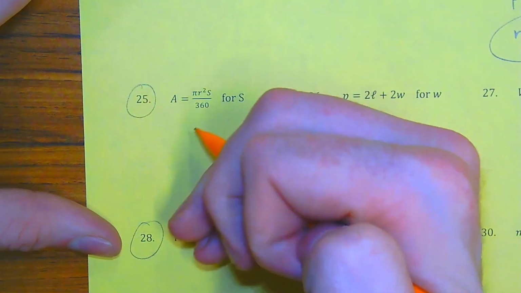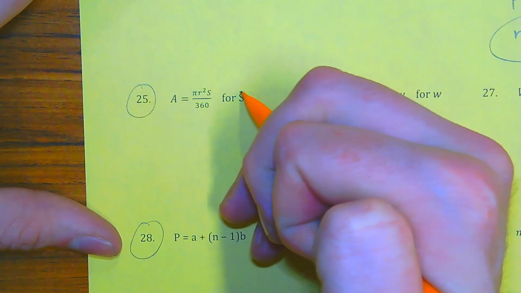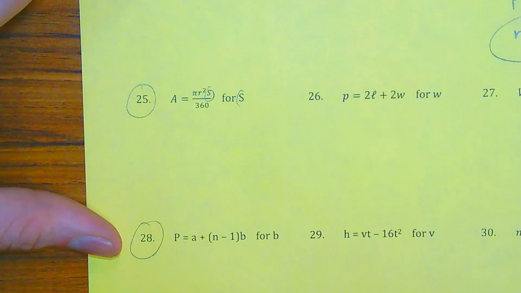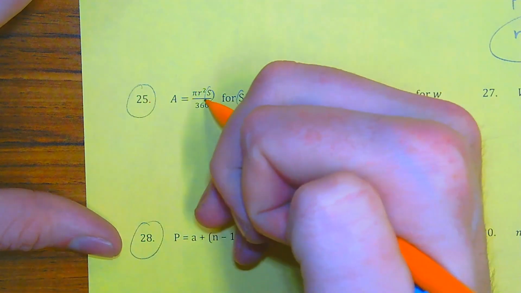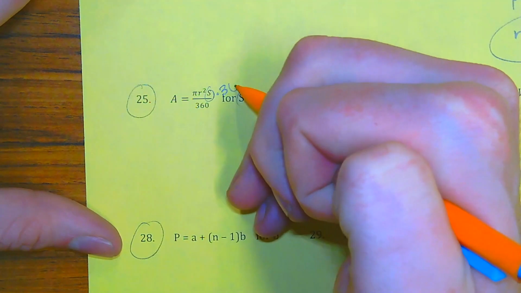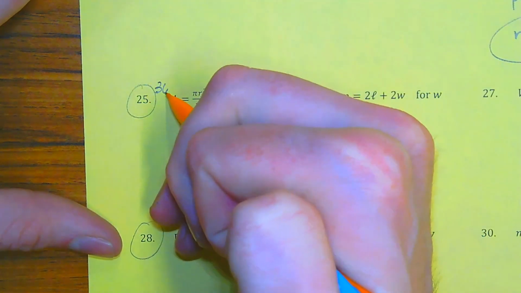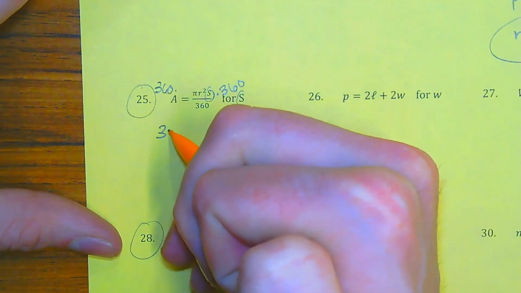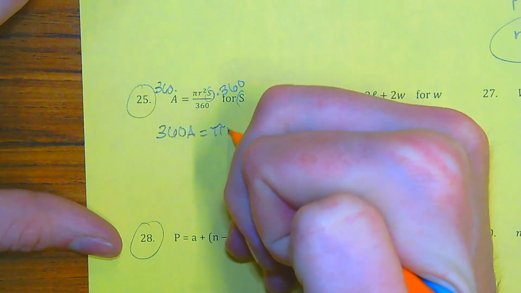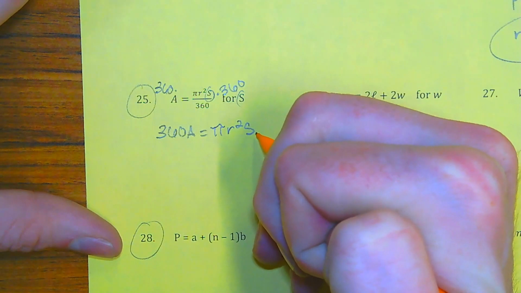If I'm looking at 25, we're looking for s. First thing I want to do is get rid of the thing that is dividing everything, this bottom number, this 360. So my step here is to multiply both sides of my equation by 360. We get 360A equals pi r squared s.